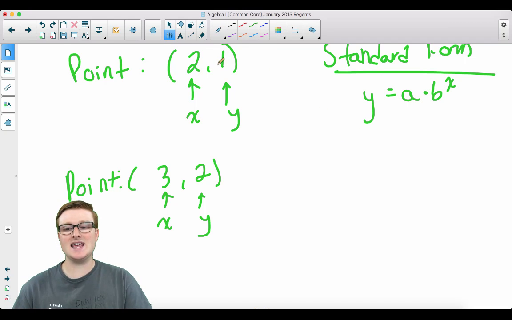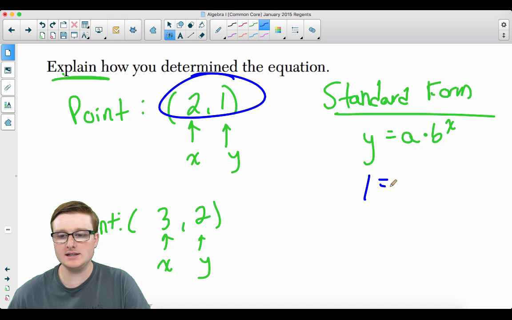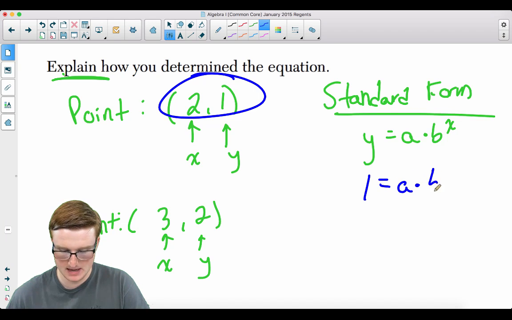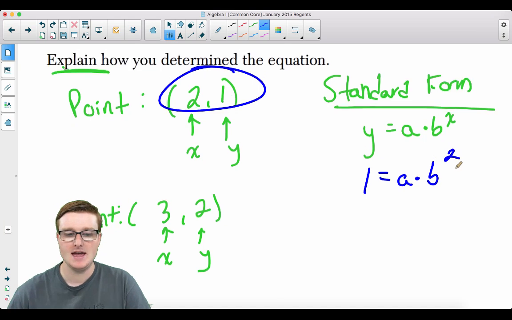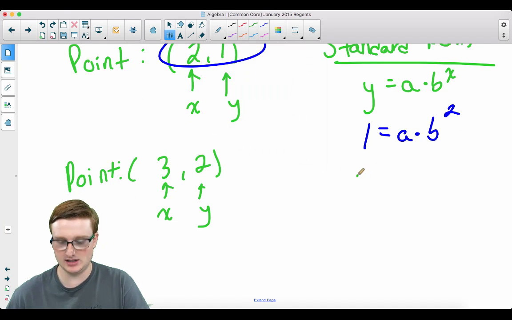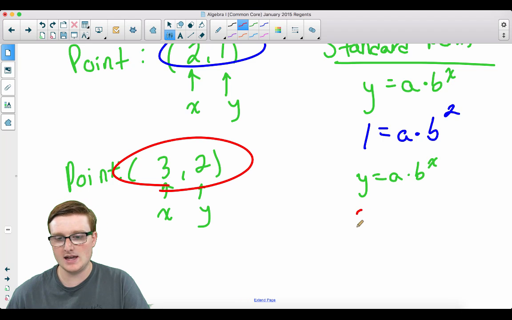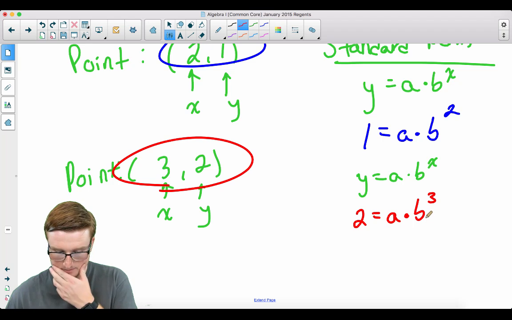So if we take this coordinate right there and plug it in, we get 1 equals a times b squared. Now if you do the same process again, y equals a times b raised to the x, with the point 3, 2, we get 2 equals a times b raised to the third power.